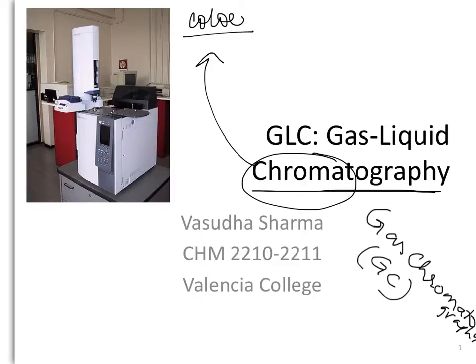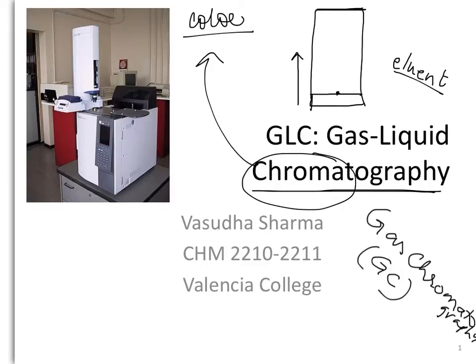The way it was done was that you would take a piece of special filter paper, it's called a Whatman paper, and you would load the mixture of crushed leaves, and then you would immerse this strip of paper in what is called an eluent. And as the eluent rises, you would see the separation of the components.